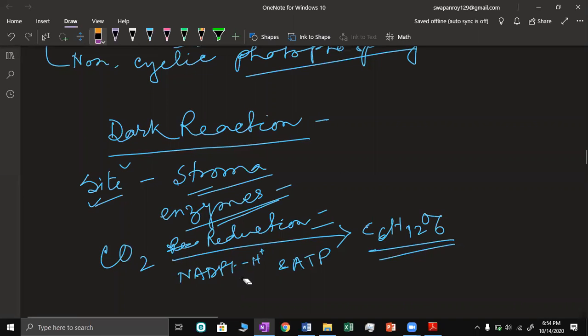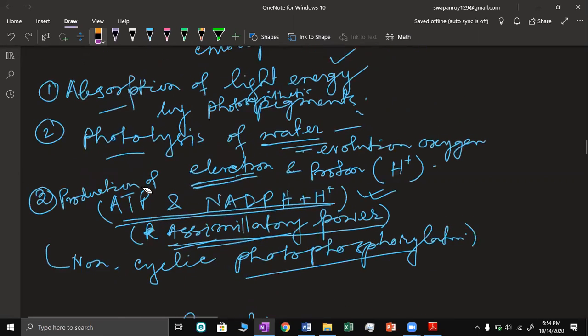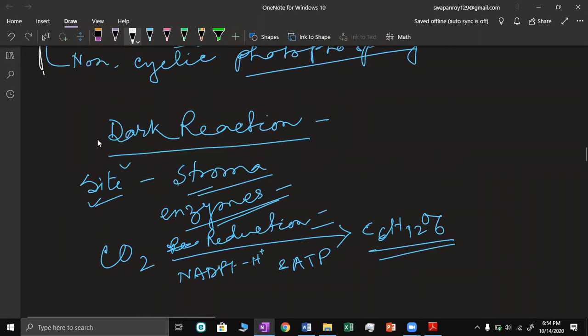So you're doing revision, right? That was a little bit of revision of this portion: what the light reaction was and what we got from the light reaction. This portion was the revision, and now we are starting today. Our portion is the dark reaction of photosynthesis.